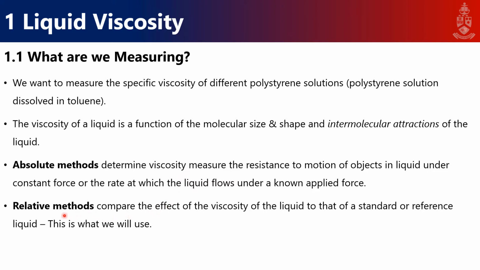However, in this experiment we will be using a concept called relative methods, where we compare the viscosity of two liquids. In other words, we use a standard or a reference liquid, which is toluene, and then we compare that to polystyrene dissolved in toluene, and look at the effect on the flow or the viscosity in essence.